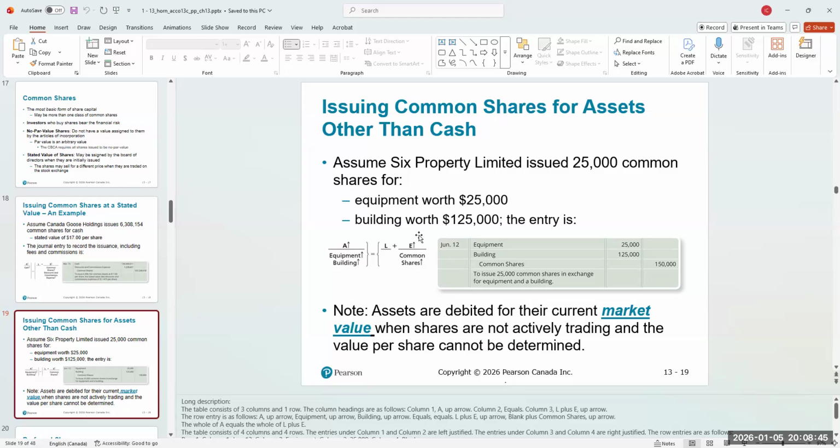How did we come up with this value? Well, it's very simple. We use the current market value, when the shares are not actively trading and the par value cannot be determined. We use the market value of the assets that we're receiving, and we use that value to record the common shares in the equity section.